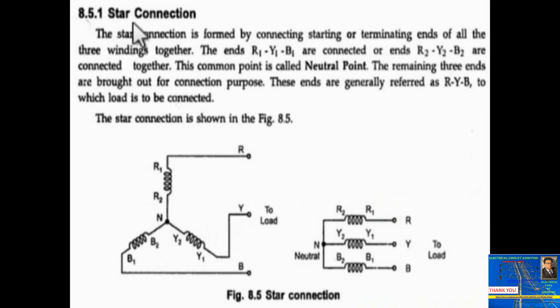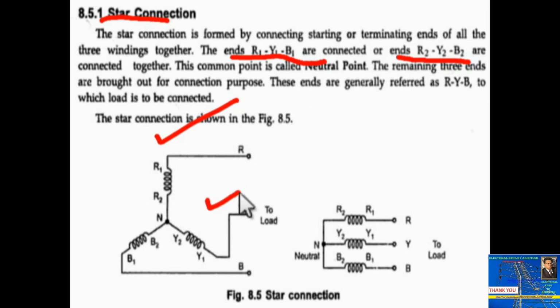The first one is the star connection, and the star connection is formed by connecting the starting or terminating ends of all three windings together, so the ends R1, Y1, B1 are connected, or the ends R2, Y2, B2 are connected. So guys, you can see here, this is the first coil R1, R2.